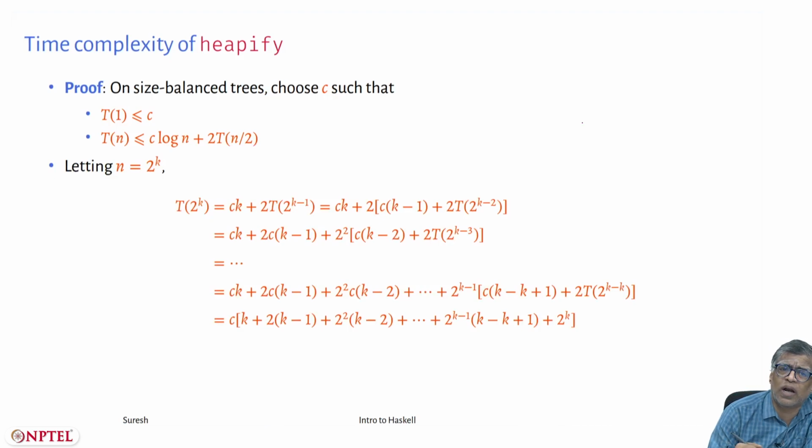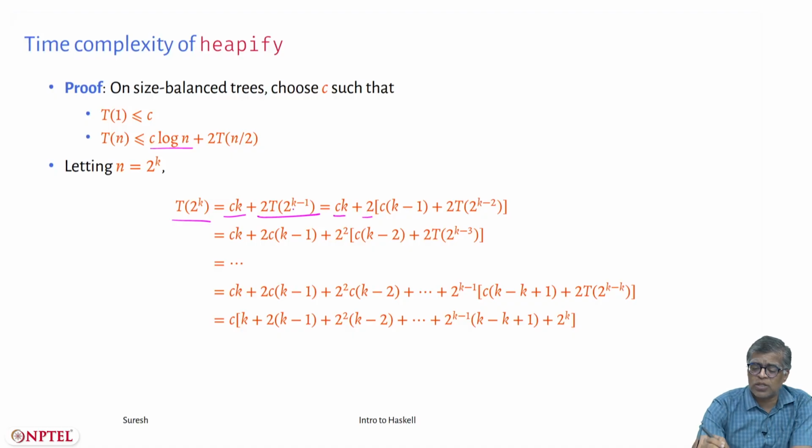Now for simplicity I will let n equal 2^k. Then what I have is T(2^k) equals c k, which is c log n, plus 2 times T(2^(k-1)), because n/2 is 2^k/2, which is 2^(k-1).